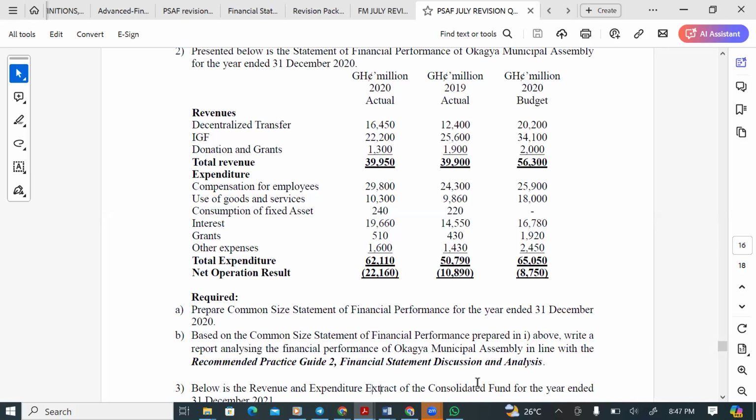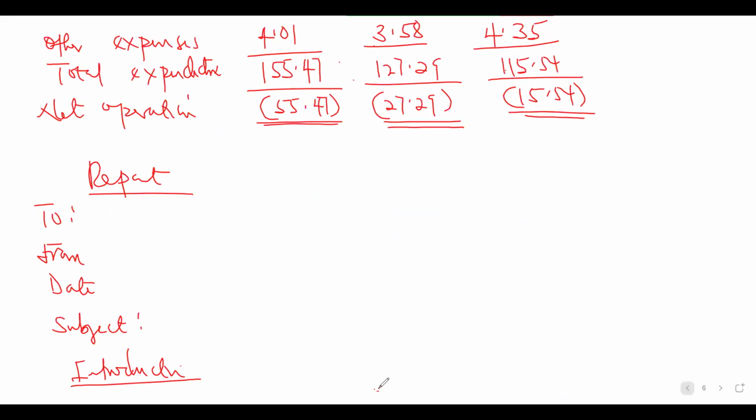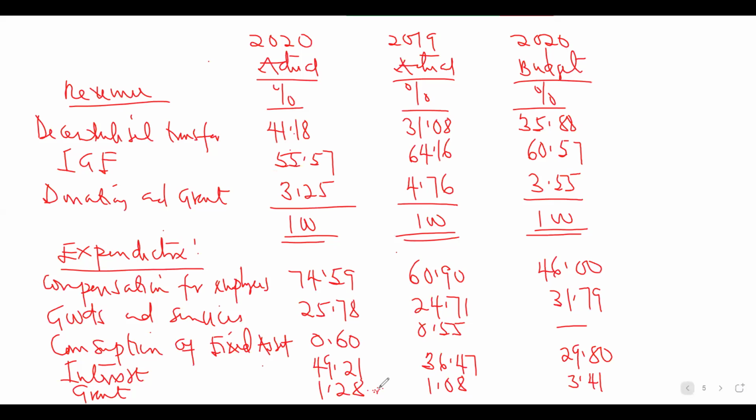That is it. Okay, so let's come to the introduction. How do you go about this report? How do you write it? The introduction, you can still use the one that we have used. After the introduction, bring the figures that you have calculated.